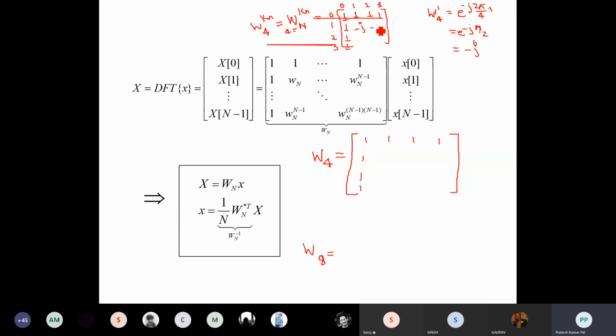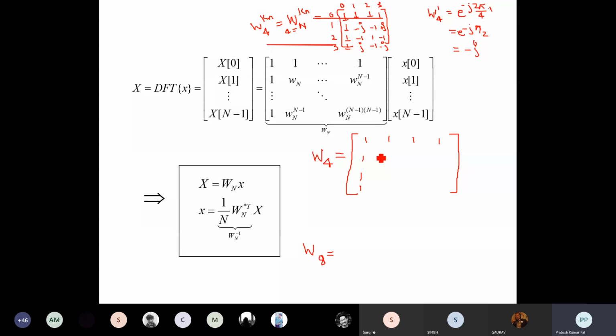This will be minus 1, this will be plus of j. Again, it is like the complement, diagonal element, minus 1, this will be plus j, this one is 1, this one is minus 1, and here it will be minus 1, and here it will be minus of j.